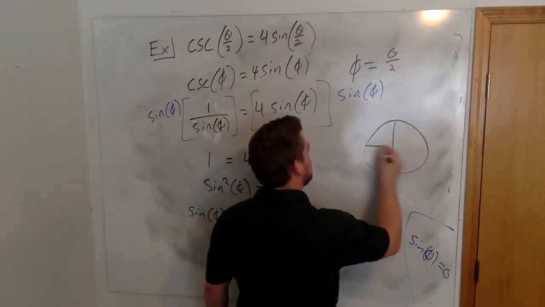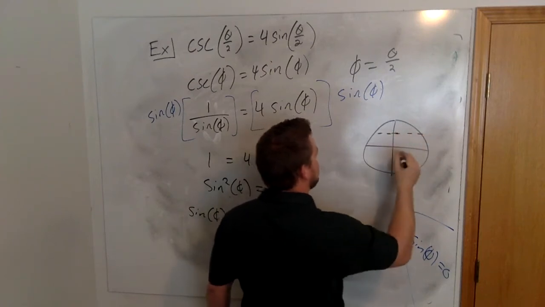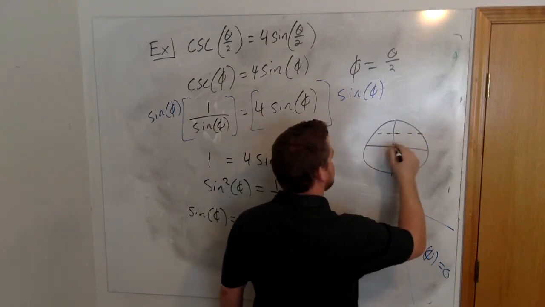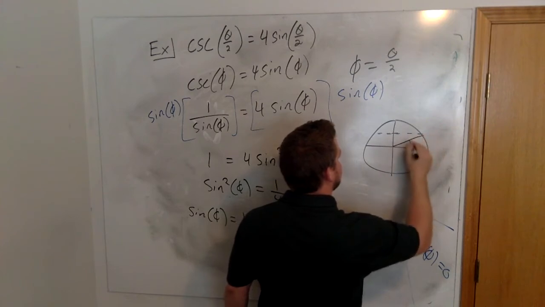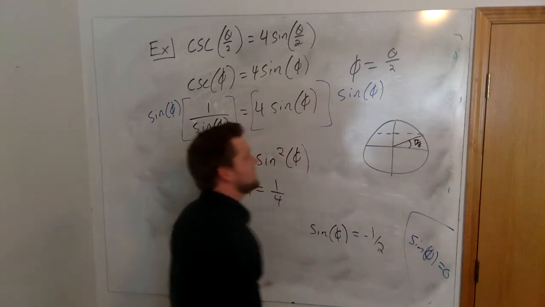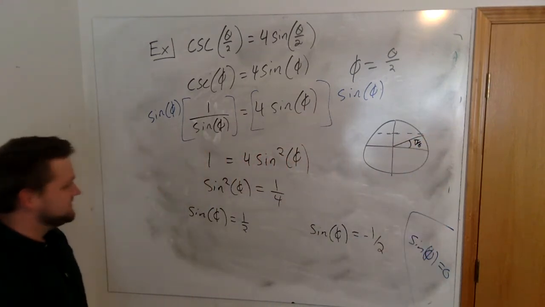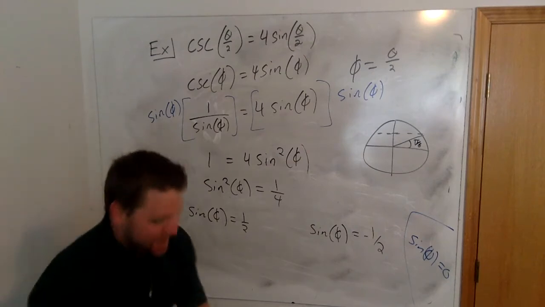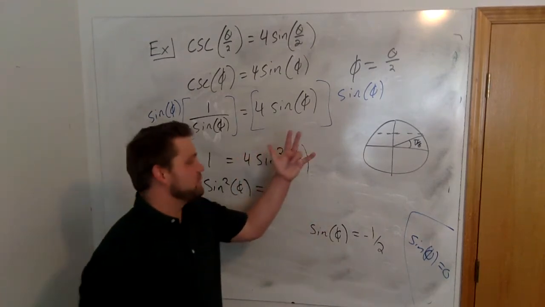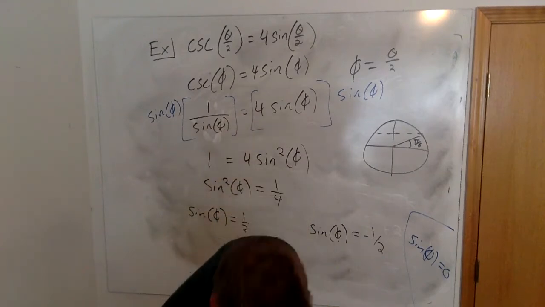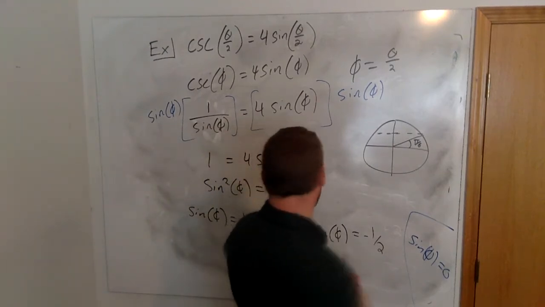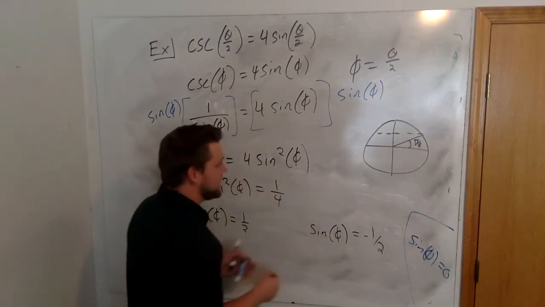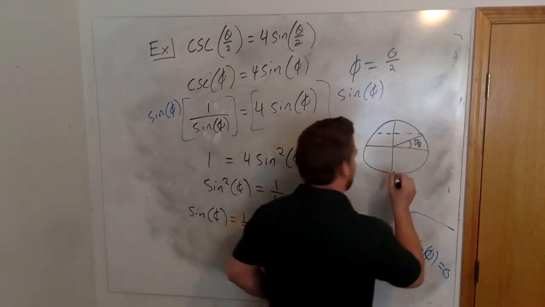On the unit circle, when do we have a height of 1/2? I think again, this is at pi over 6. We're getting this pi over 6 a lot today. So yeah, that's when we get 1/2. But we also want negative 1/2.